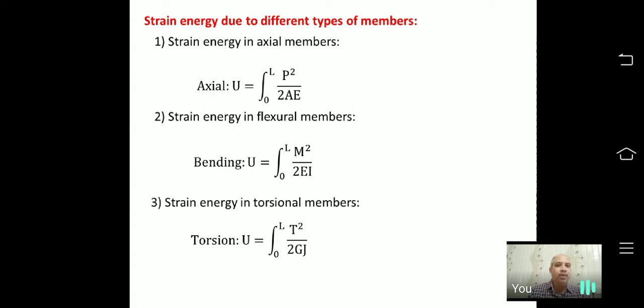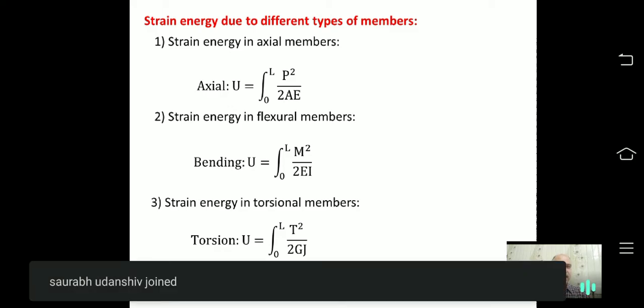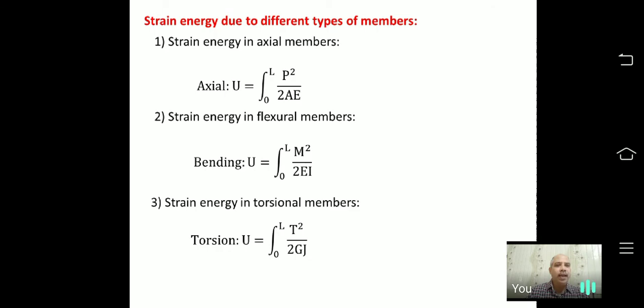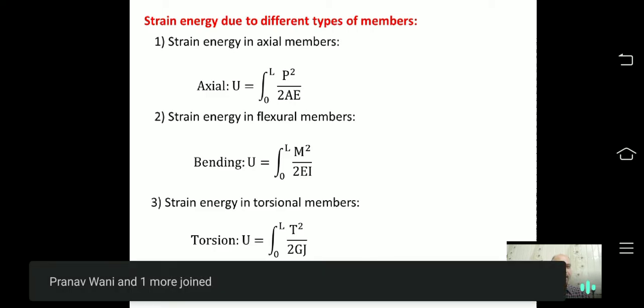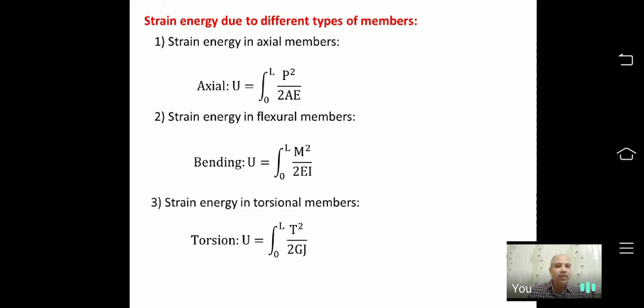So we have these formulas. If we will see strain energy in axial members, then we have integration 0 to L P square upon 2 AE. If we will go strain energy in flexural member, that is bending, due to bending, we have integration 0 to L M square upon 2 EI.